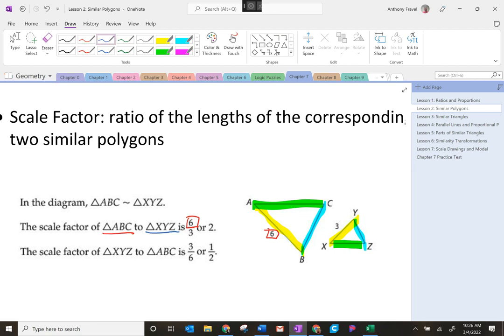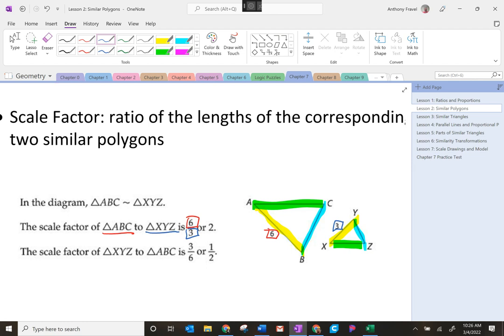The side that matches up with that one, again, this was the yellow side, this was the yellow side. So that's for my second triangle. This one will be my bottom number. So when this asks my scale factor of ABC to XYZ, top number, bottom number, I'm going to take 6 divided by 3, and I'm going to get 2. So 6 divided by 3 is 2.